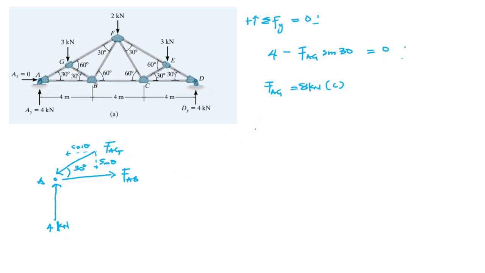So now, taking summation of forces in the horizontal direction, if we take this to be positive, it means that we have FAB minus 8, because we have our FAG as 8 already, minus 8 cos 30.